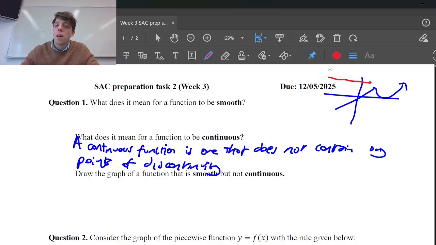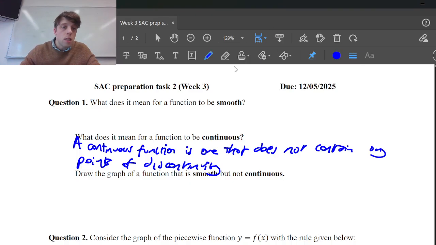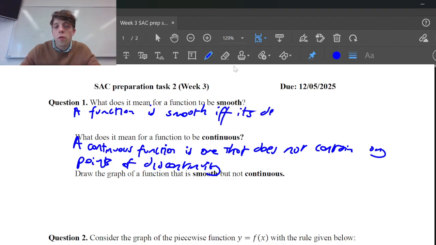And we can see that this might not necessarily be continuous, so therefore we would say that in order for a function to be smooth, the derivative function needs to be continuous. So a function is smooth if and only if its derivative is continuous.